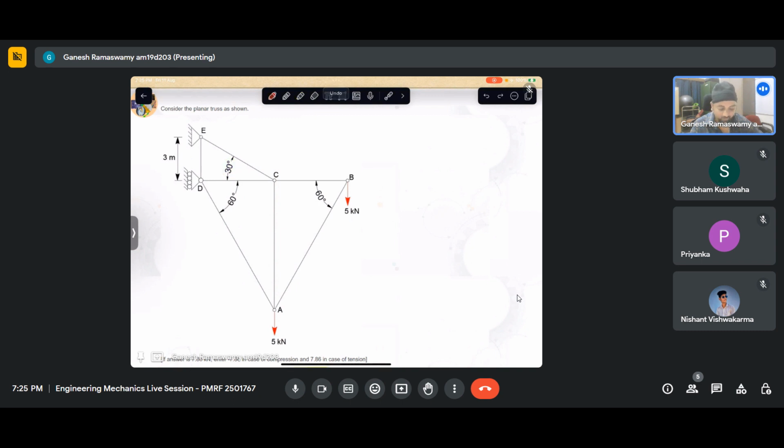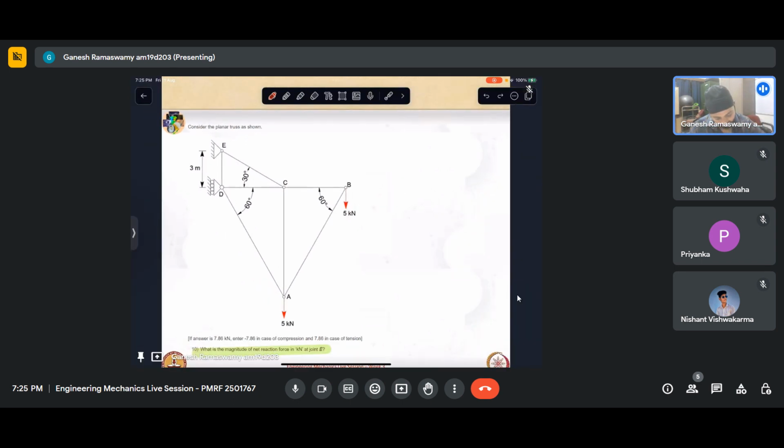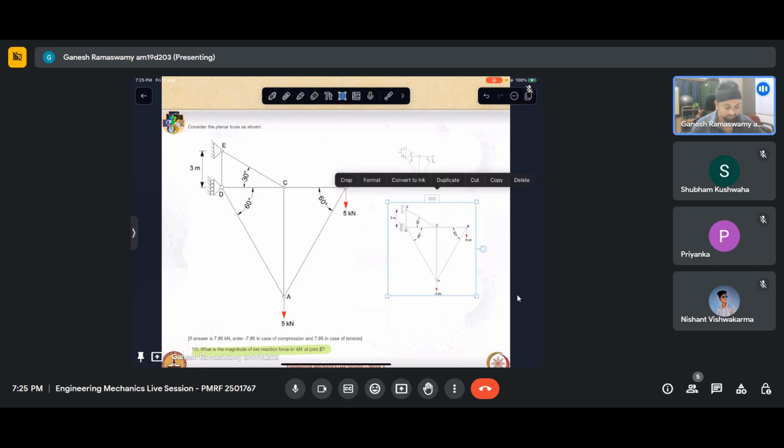Now one thing we should note is that if a particular truss is scaled, in the sense that if I take this truss and make it this big, or take it this size, whatever be the size, once the angles are preserved and the forces applied are the same, the force in the members essentially remain the same.